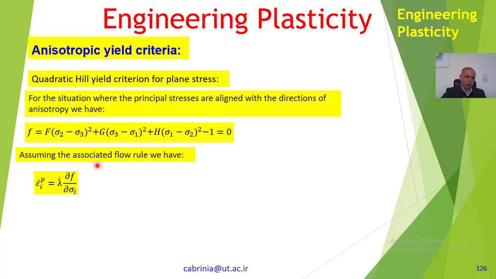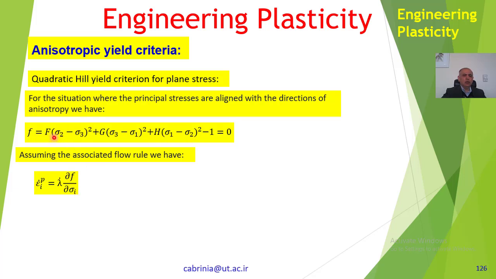So we show it like that: epsilon i, for i = 1, 2, 3, that's the plastic strain rate, so that means d epsilon over dt, equals lambda, which we said is an instantaneous constant, so that's d lambda over dt, times partial f over partial sigma i, and f is this yield function.